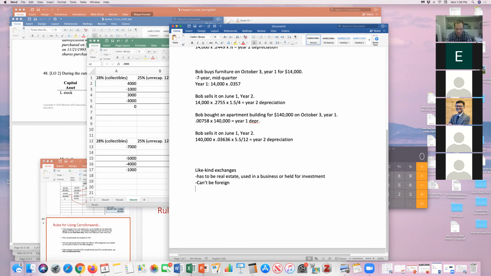And so basically the benefit is, even though you realize a gain or a loss, you don't recognize it.